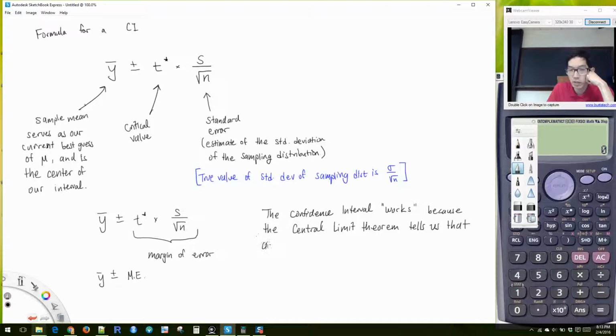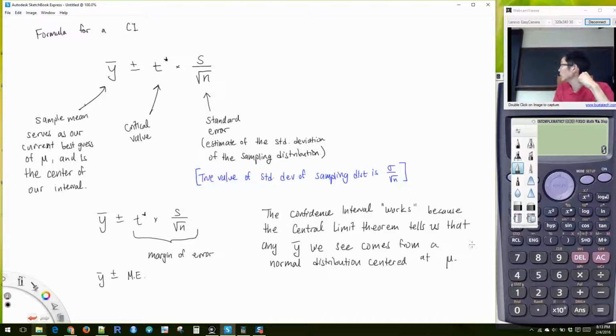It tells us that any y bar we see comes from a normal distribution centered at the population mean mu, as long as our conditions are met.